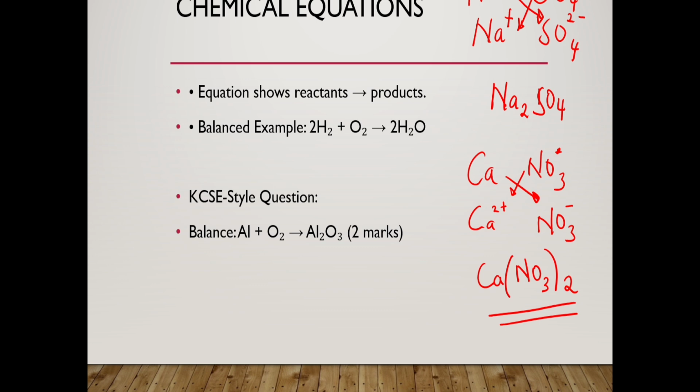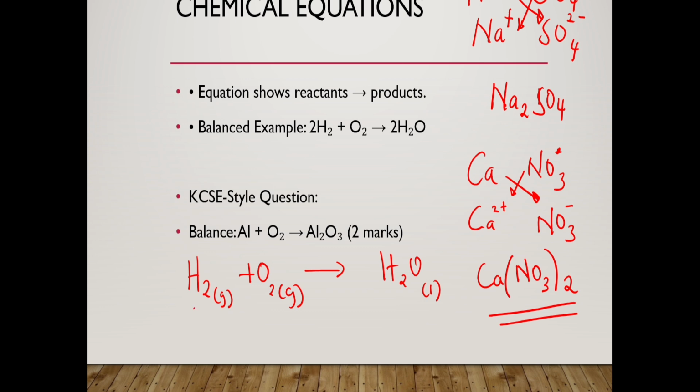Now, I think this is the last part, the last subtopic, which is chemical equations. For example, if you are told to write hydrogen plus oxygen, it gives you water, which is liquid. But when you are asked to balance this, this is the aspect where people get confused.